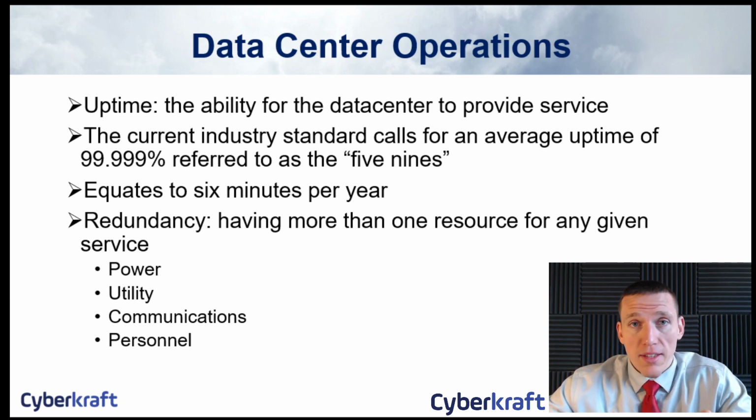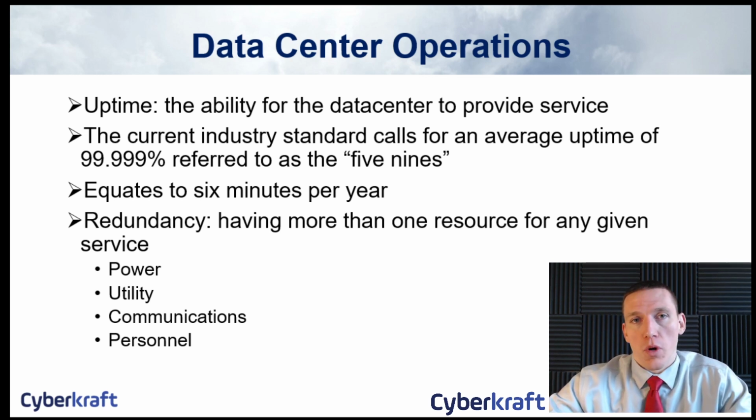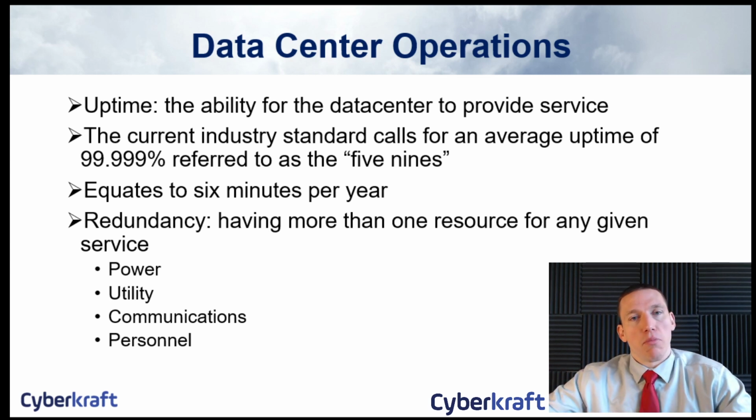So when it comes to redundancy, you need to have redundancy when it comes to electrical power for individual servers and for the facility as a whole. So for individual workstations and servers, that would be in the form of an uninterruptible power supply, or a UPS. A UPS is a device that the main power line comes through, it sits in the middle, and then provides power to the workstation.